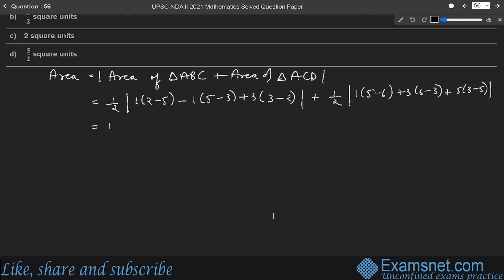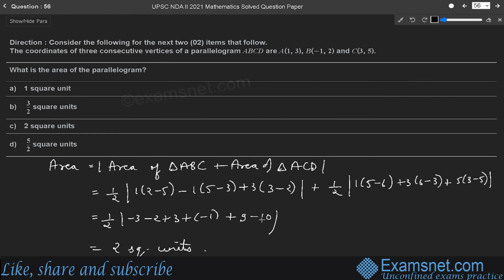On further solving, it will be 1/2 × (−3 − 2 + 3) plus (−1 + 9 − 10), which will be equal to 2 square units. So we can say that the area of the parallelogram will be 2 square units. Therefore, option C is correct for this question.